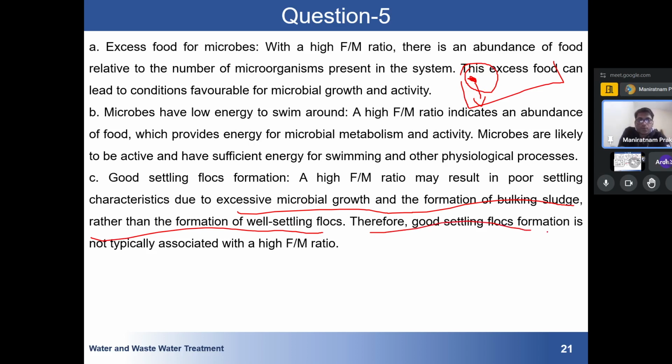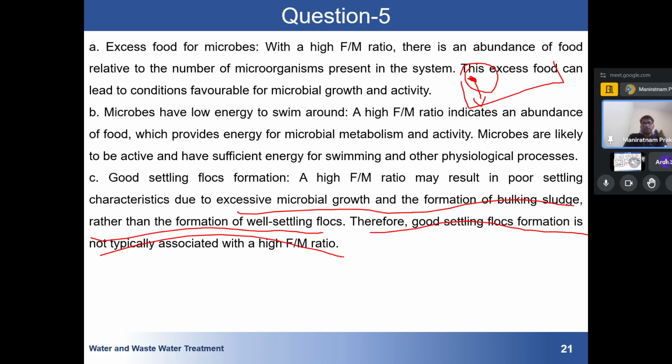Therefore, good settling floc formation is not typically associated with a high food by mass ratio. In other words, my main target, to remove the sludge from the system and degrade the organic matter, is not happening in the desired way.